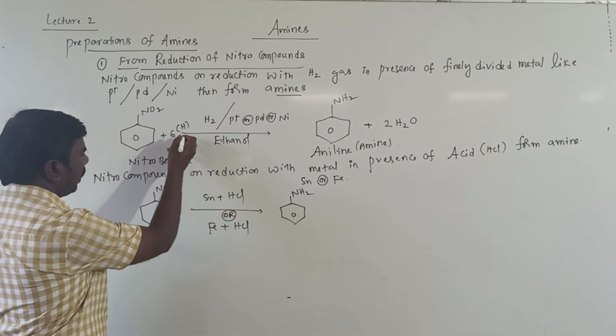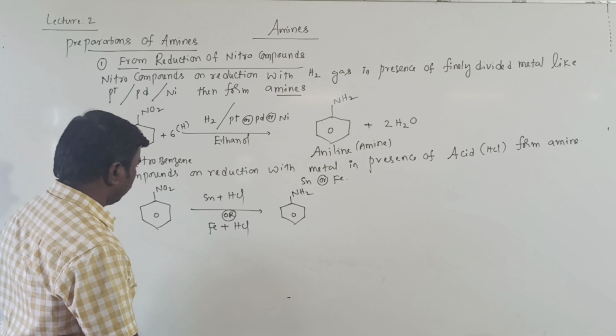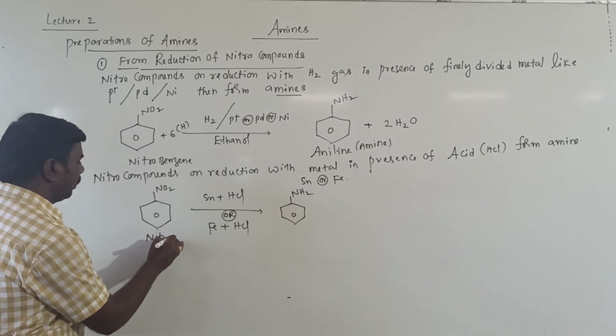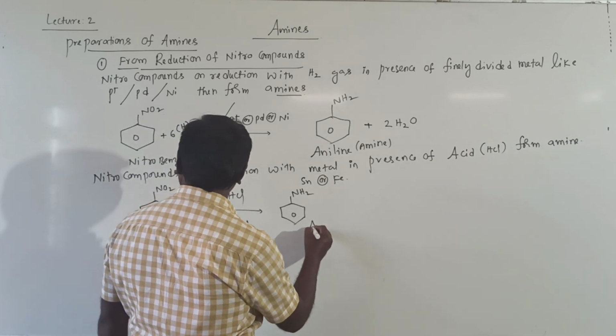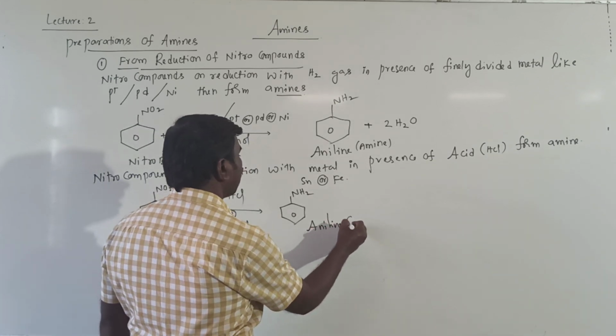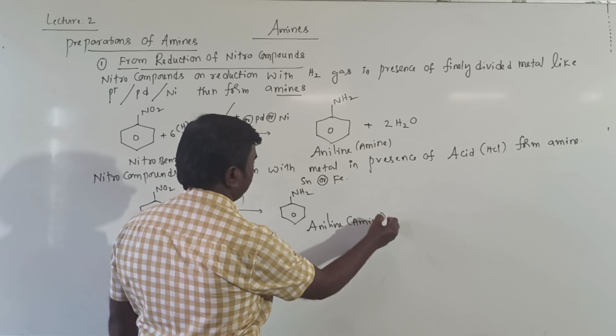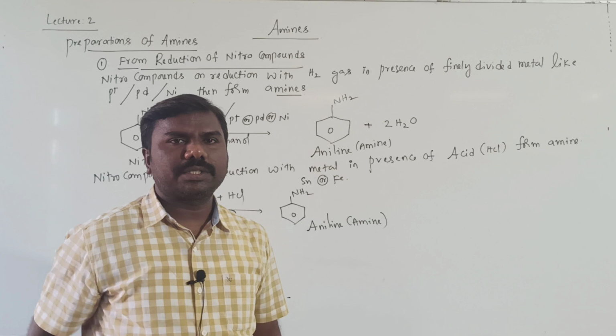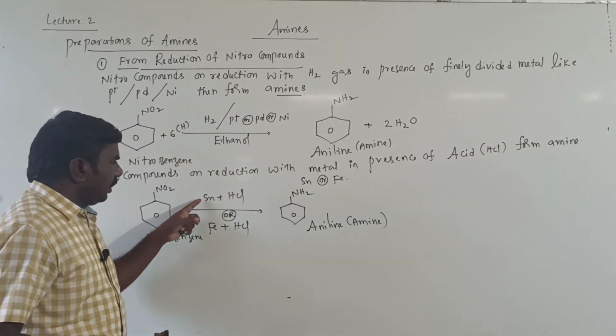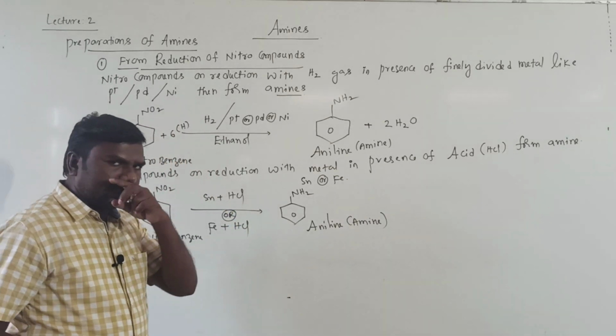Here also 6 hydrogens, 2 H2O will be removed. It is nitrobenzene, students, and this is aniline. Aniline is an amine, right? This is the preparation. Here tin plus HCl and iron plus HCl.